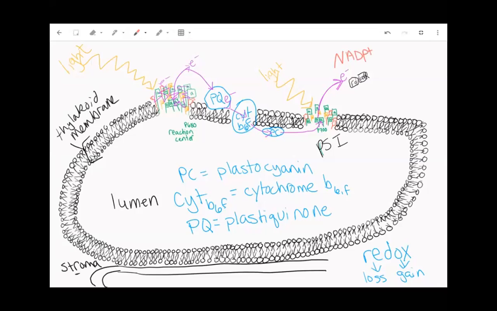As it picks up that electron, it also picks up a couple of protons and becomes NADPH. So in the thylakoid reactions, this is our final electron acceptor, and we'll see this NADPH play a role later in the stromal reactions of photosynthesis.